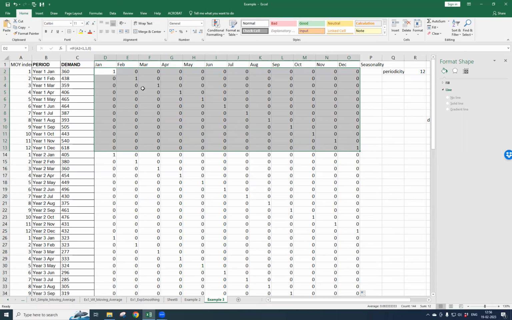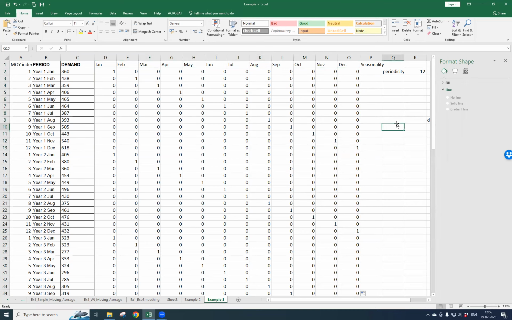Where 1 is there only on the diagonal element and all other values are zeros. Now, I have a variable representing every single month, January, February, March, April, up till December.